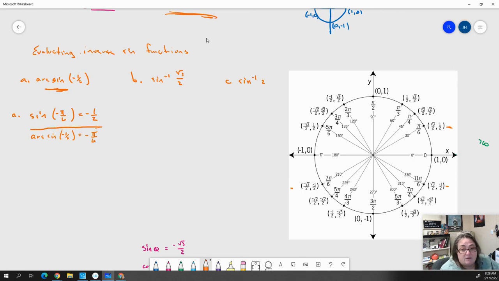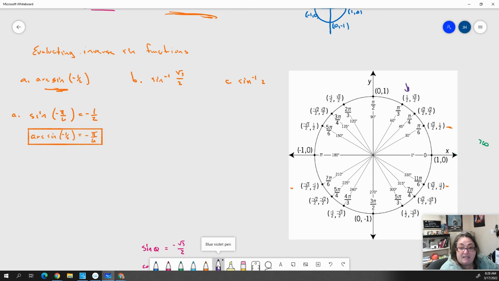This is our solution. So here we have arc sine. It's still the inverse sine function of radical 3/2. So where does sine equal radical 3 over 2? Right here at 60 degrees, or pi over 3.